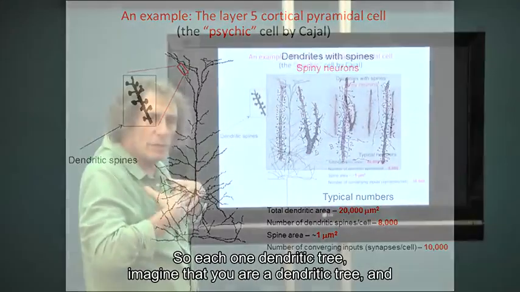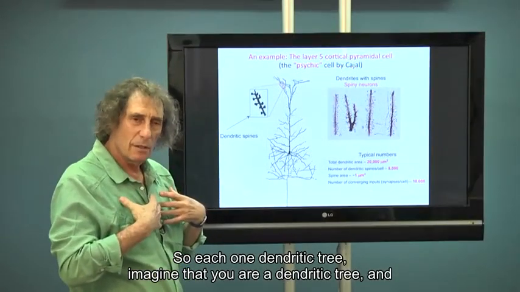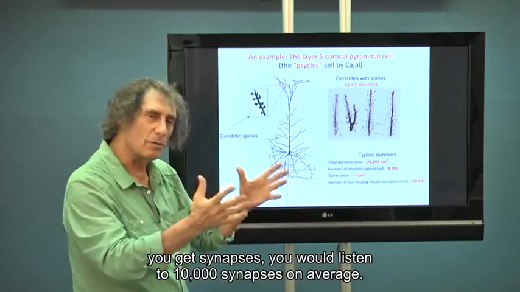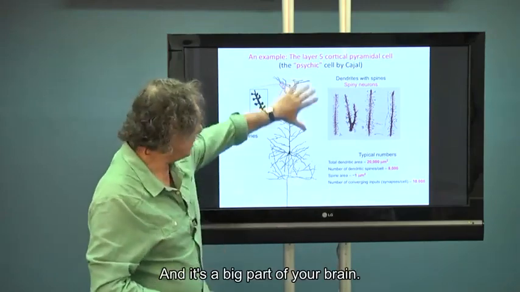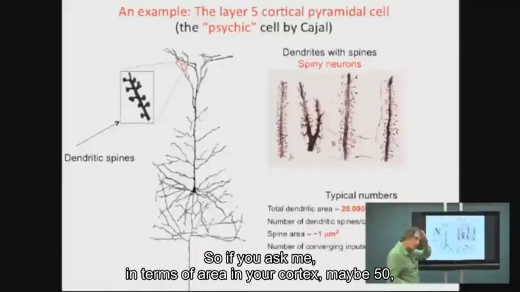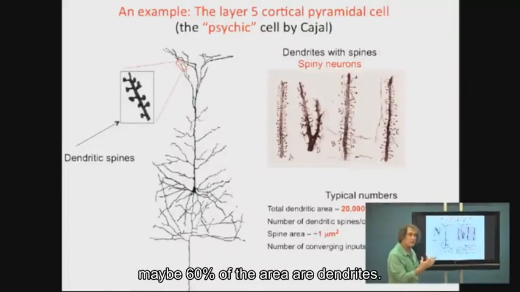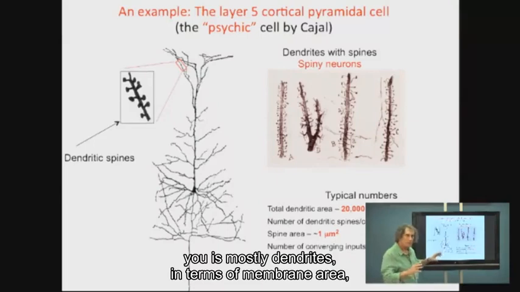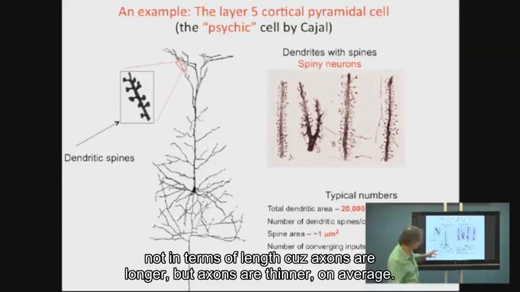Imagine that you are a dendritic tree, and you would listen to 10,000 synapses on average. And it's a big part of your brain. If you ask me in terms of area in your cortex, maybe 50, maybe 60% of the area is dendrites. In terms of membrane area, the cortex is mostly dendrites. Not in terms of length, because axons are longer, but axons are thinner on average.